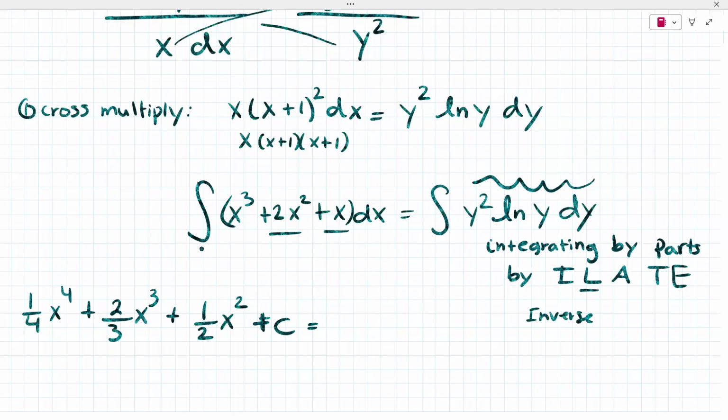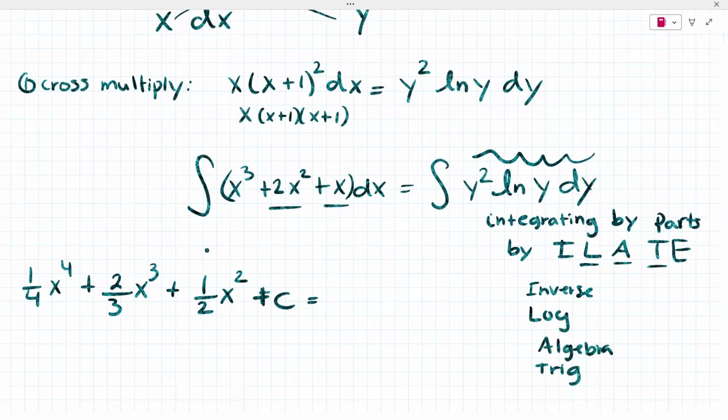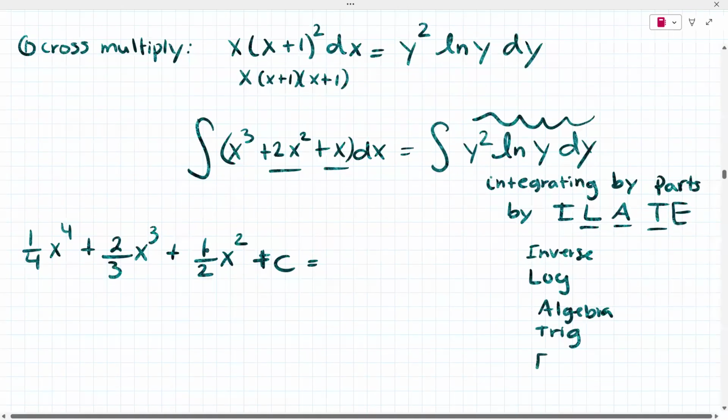The L stands for log. The A stands for algebra. The T stands for trig. And the E stands for exponential. Okay.